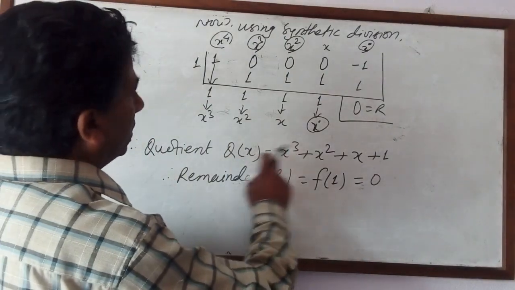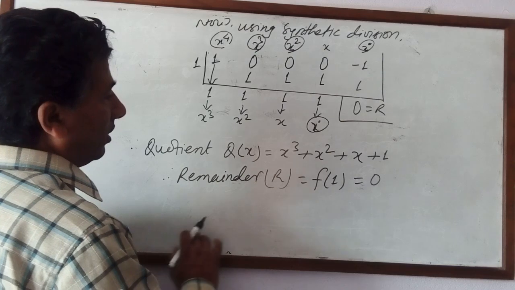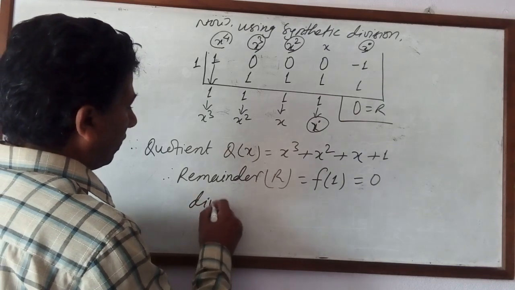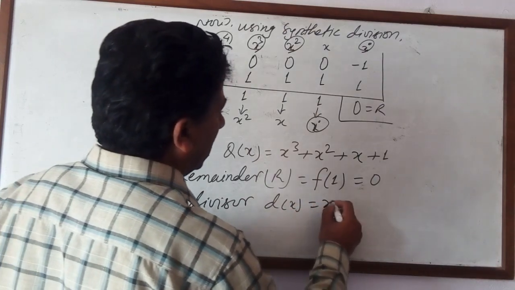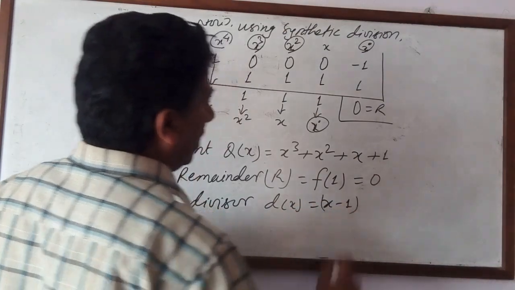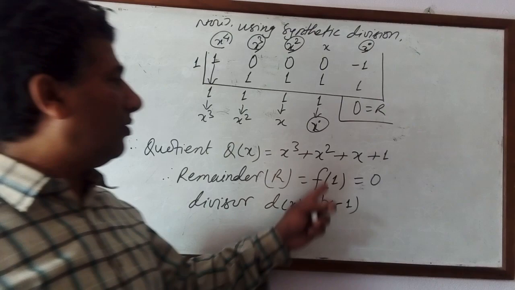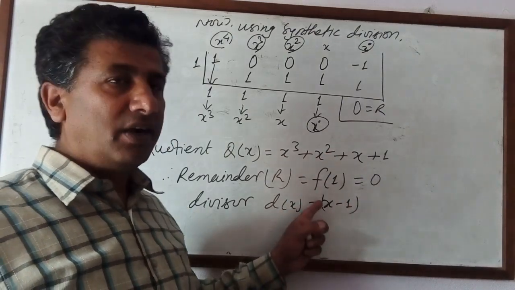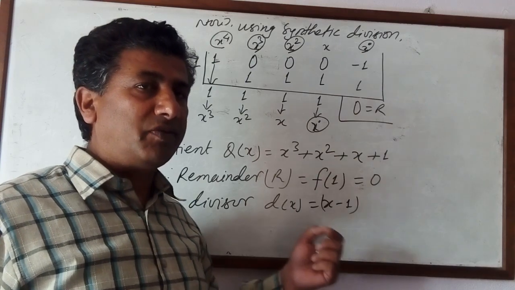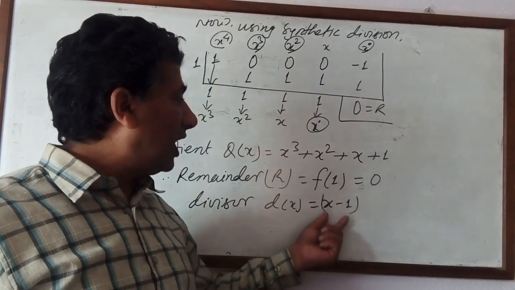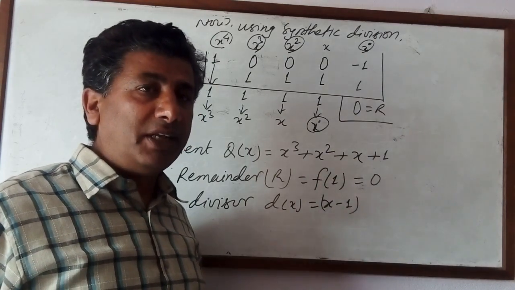Okay, now this quotient, remainder, divisor d(x), that is x minus 1. Now we found the divisor given, we found both. Now from here, the remainder theorem gives only the remainder. Now the factor theorem, just for your recall. What is the factor theorem?